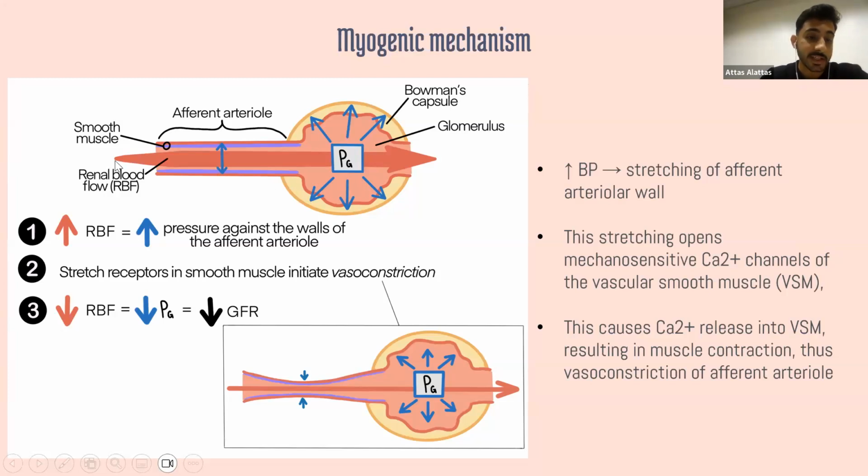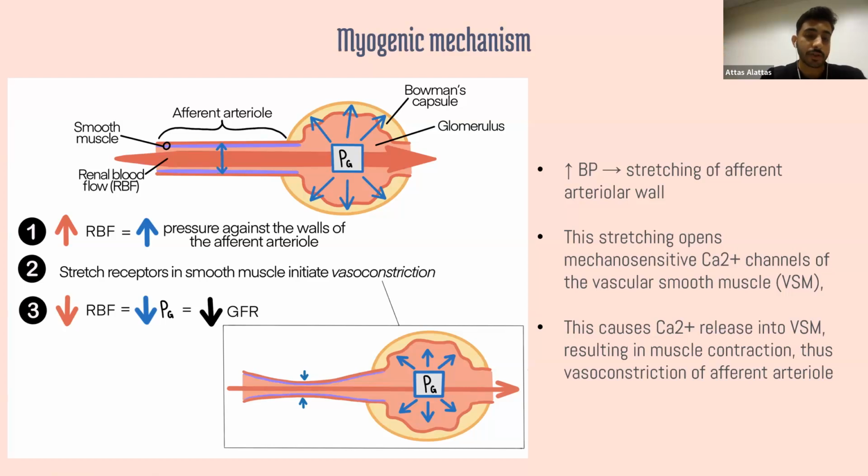The way to explain this is when you have a lot of blood going to the afferent arteriole, for example, there's an increased blood pressure. Because of the increased blood pressure, there will be increased pressure against the walls of the afferent arteriole, because more fluid is going to the afferent arteriole, so the fluid will cause pressure on the walls of the afferent arteriole. And the afferent arteriole walls have mechanosensitive calcium channels.